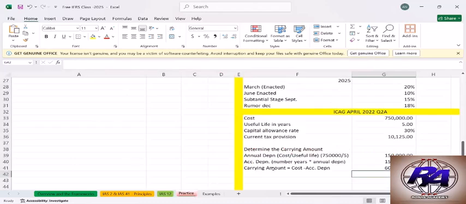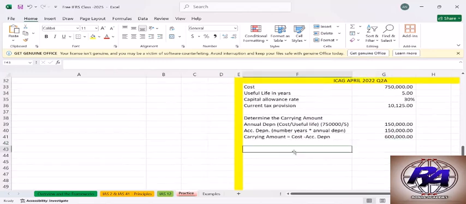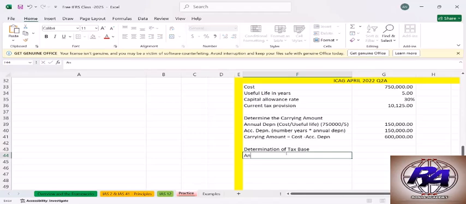Okay, so now let's come here. Let's leave one line. Let's go to the determination of tax base. Our tax base. Again, we need to find our annual capital allowance.